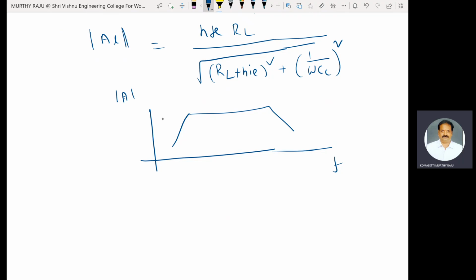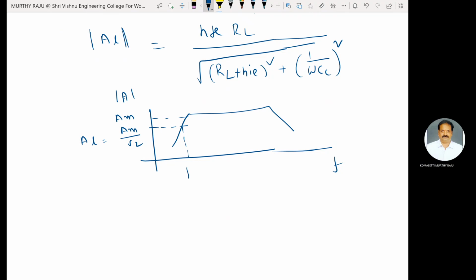In the mid frequency range it is AM. In the low frequency range, it is AM by root 2, that is AL. This is the low frequency FL.